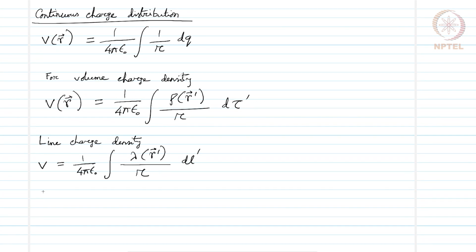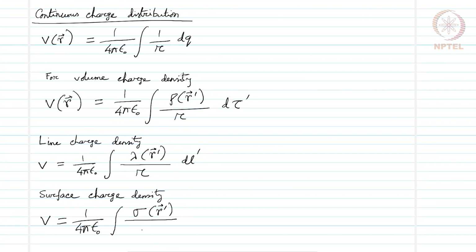If we consider a surface charge density, then the potential would similarly be given as 1 over 4 pi epsilon naught, integration over the surface charge density as a function of the primed coordinate, the source coordinate system, over script r dA prime.